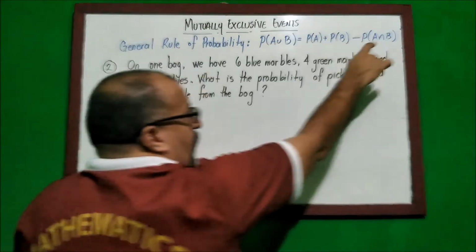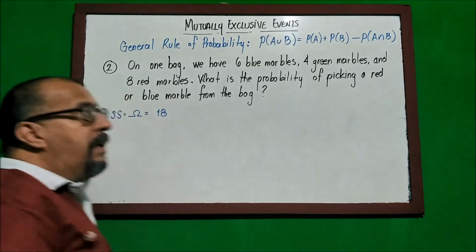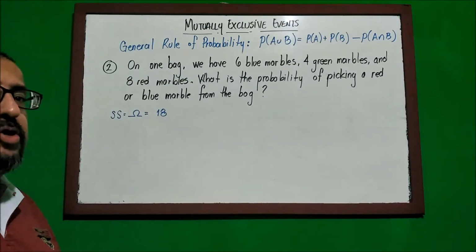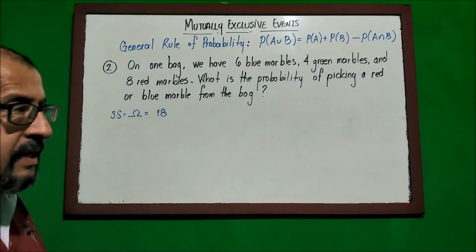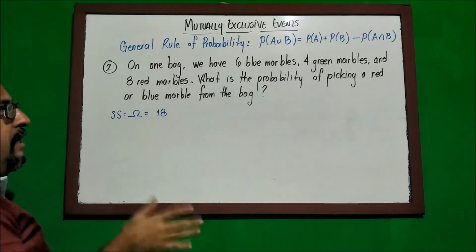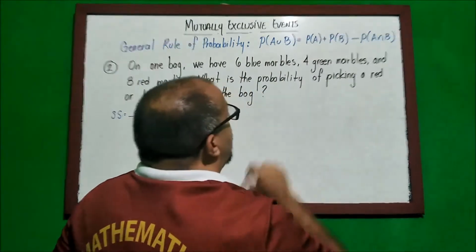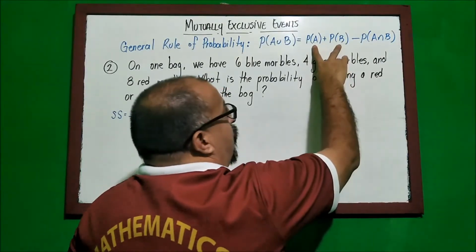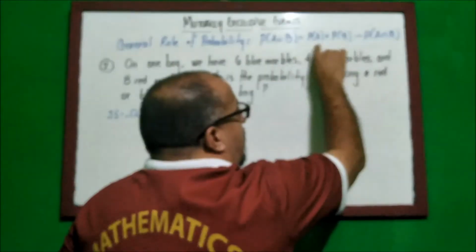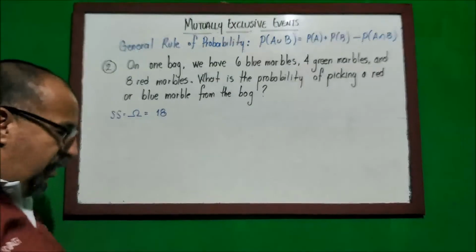Therefore, the probability of finding an intersection will be equal to the empty set. And that empty set tells me that I'm going to cancel out this part of the equation of probability, and I'm only going to work with the addition of the two probabilities that I have in here.